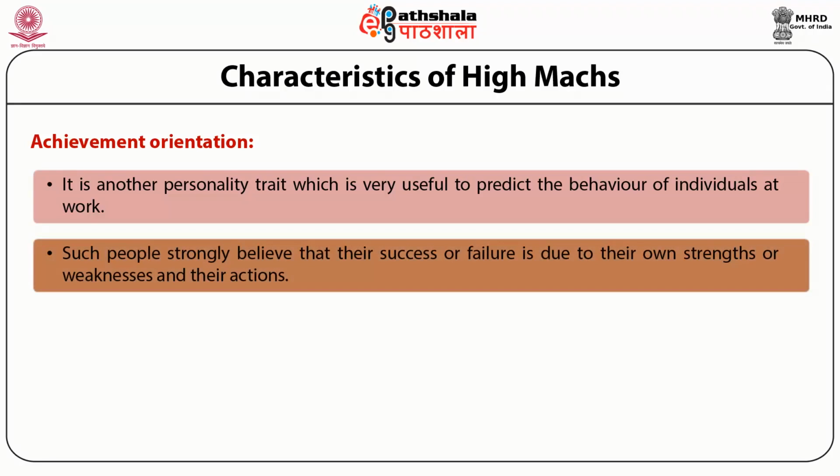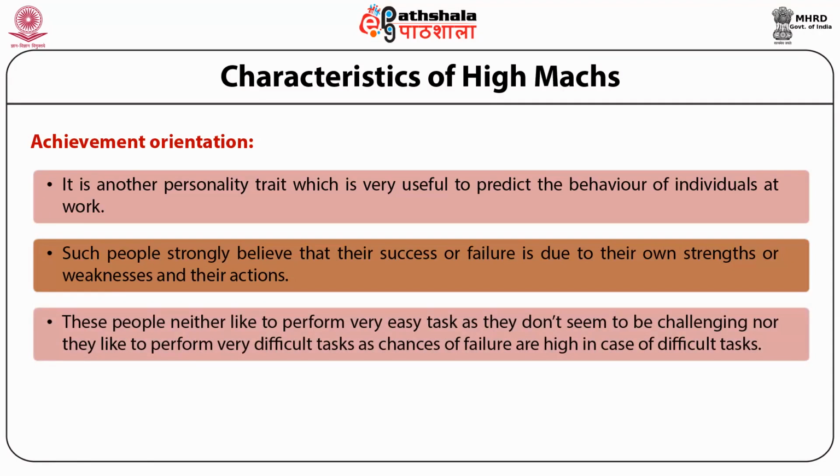Such people strongly believe that their success or failure is due to their own strengths or weaknesses and their own actions. These people neither like to perform very easy tasks as they don't seem to be challenging, nor they like to perform very difficult tasks as chances of failure are high in case of difficult tasks.